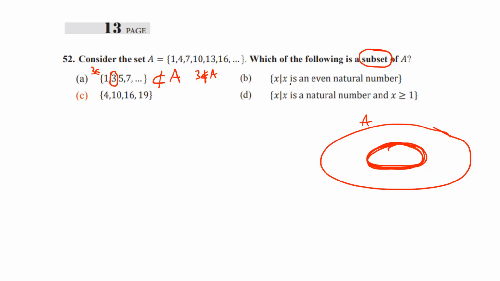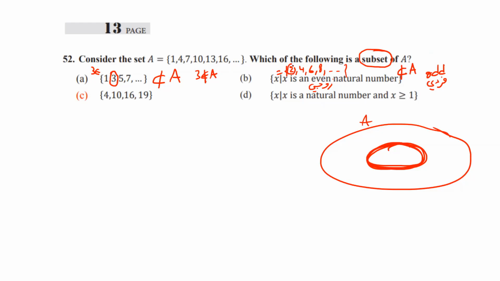The set B is the set of even natural numbers, even, odd. Even natural numbers means that this set is 2, 4, 6, 8, and so on. So is it a subset of A? It is not. Why?